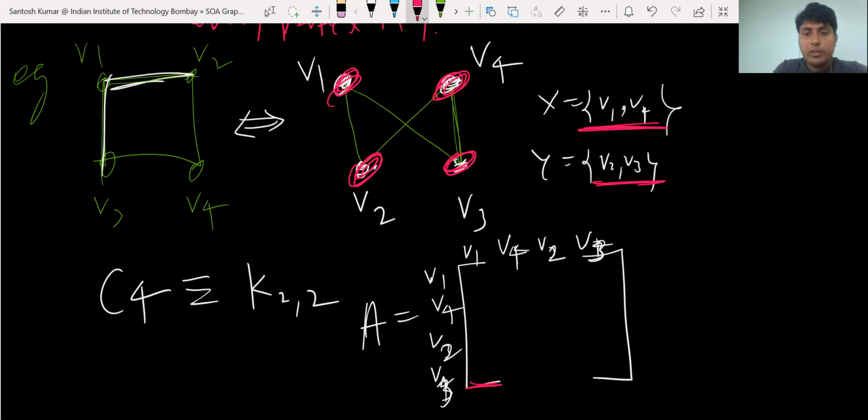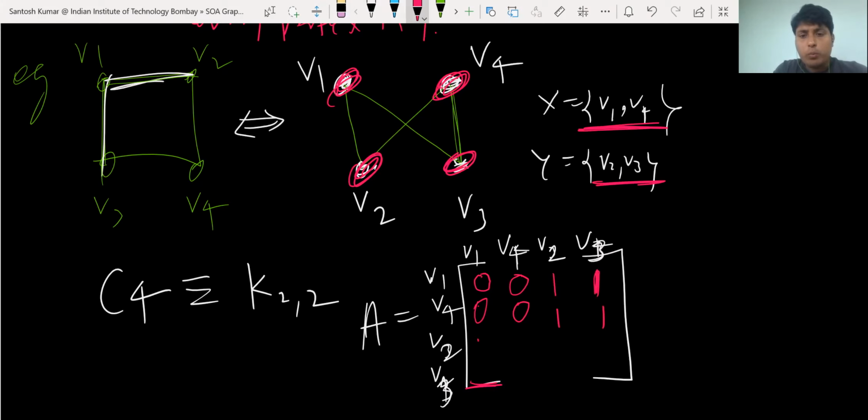So V1 with V1, 0, V1 with V4, 0, V1 with V2, 1, V1 with V3, 1. V4 with V1, 0, V4 with V4, 0, V4 with V2, 1, and V4 with V3, 1.